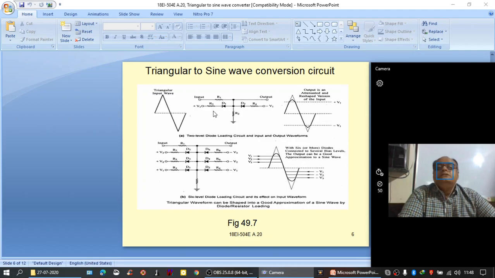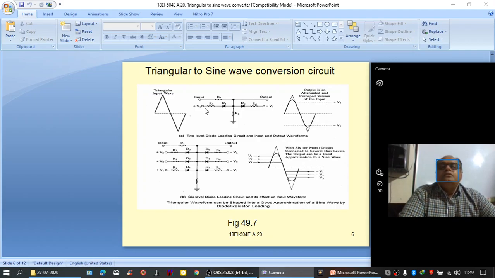Now, during the linear increase of the triangular voltage, at one particular voltage, as you can see here, the cathode of the diode is at a positive potential V1 and the anode of the diode is at the input voltage.